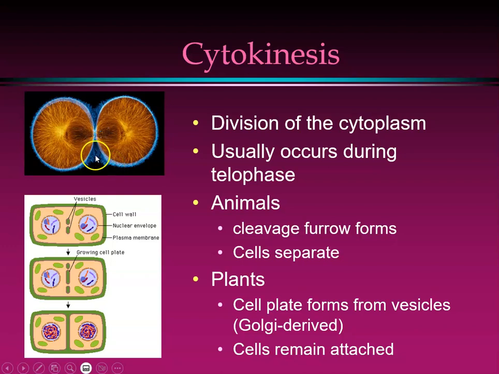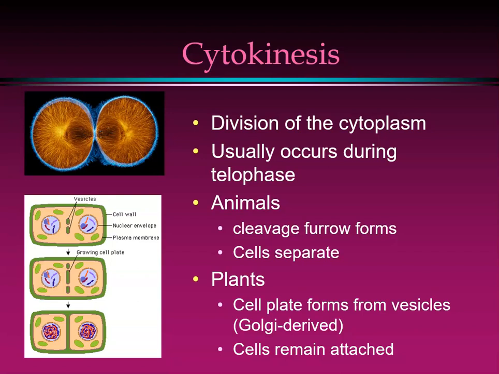So what's happening is that there's a ring of proteins that's cinched around where the cells are joined. Imagine if you could tie a string around a balloon or a bubble, probably better, and ultimately split that bubble into two bubbles because of how you tied the string. That's kind of what's happening here with cleavage furrowing.